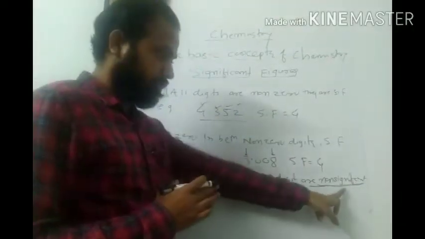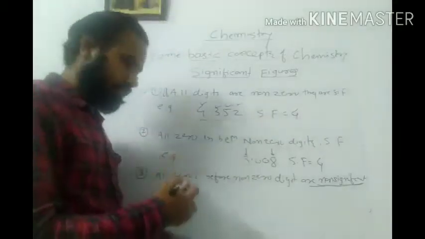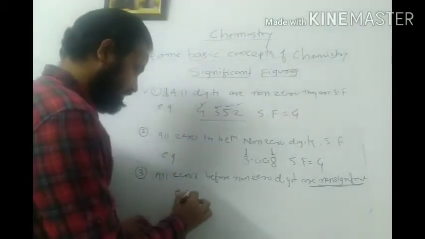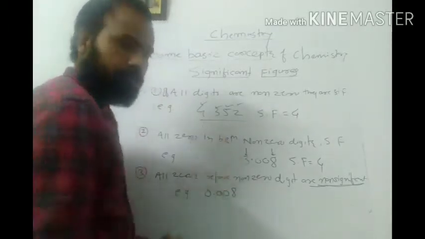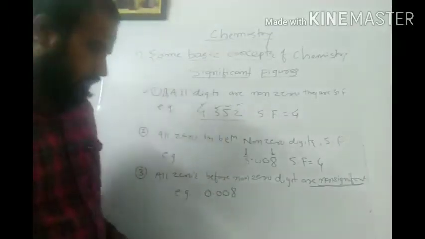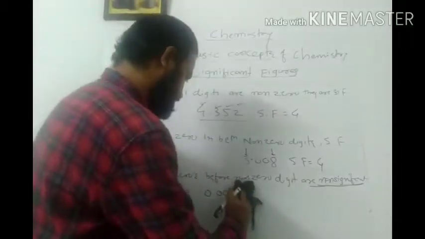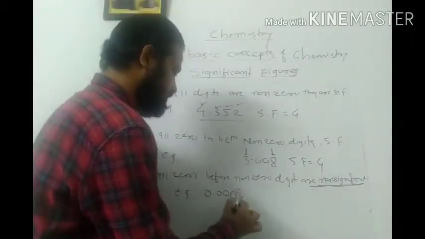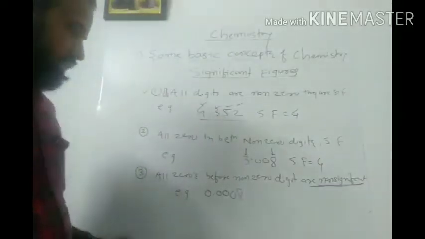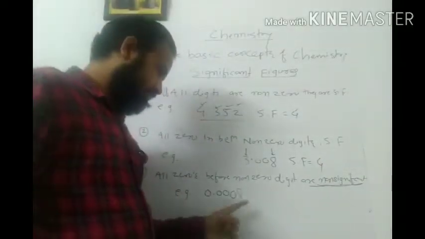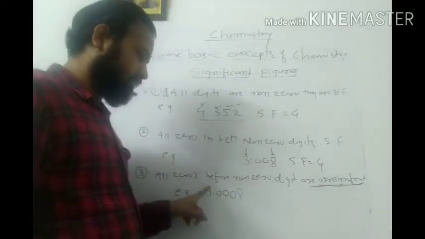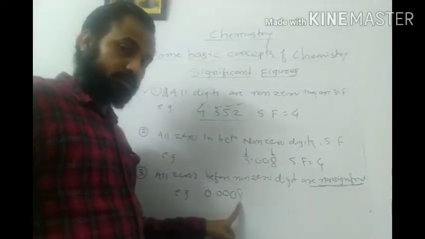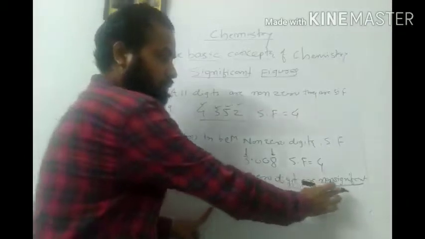I will give you one simple example. Let us say the number is 0.008, or taking one more zero, 0.0008. In this number, 8 is the non-zero digit, and all the zeros before it are non-significant.